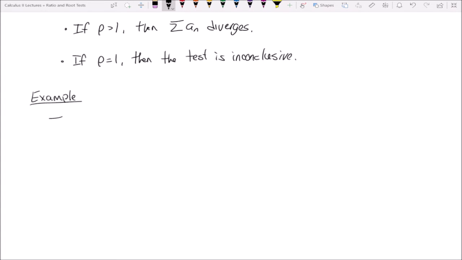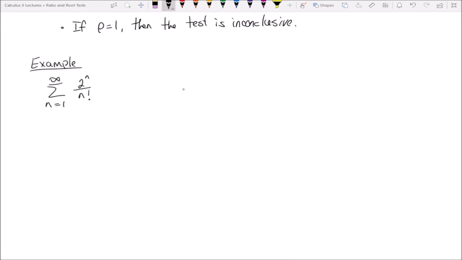So let's consider the series n equals 1 to infinity, 2 to the n over n factorial. Well, take a look.